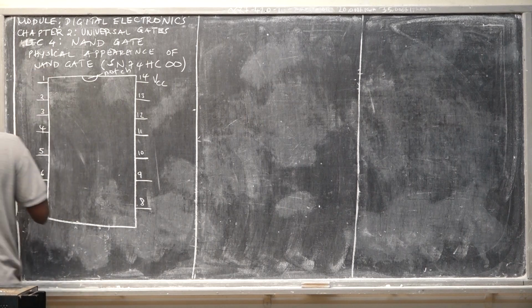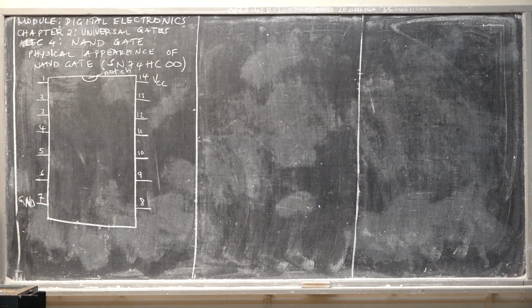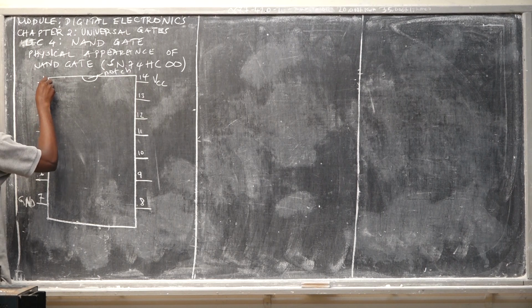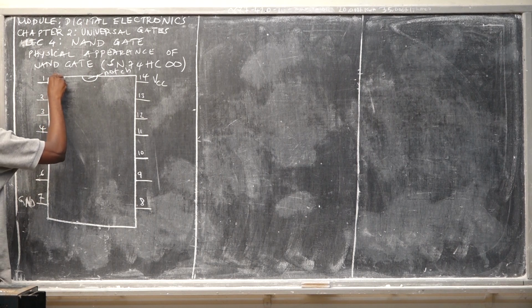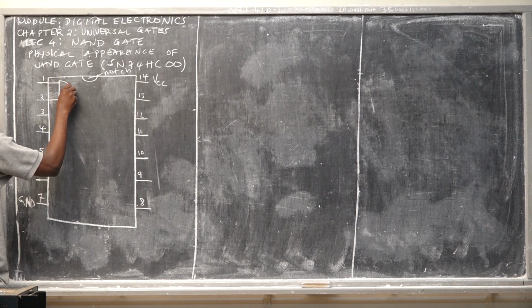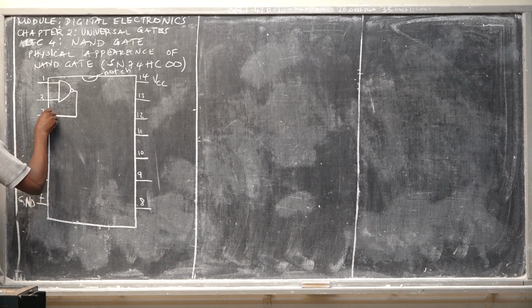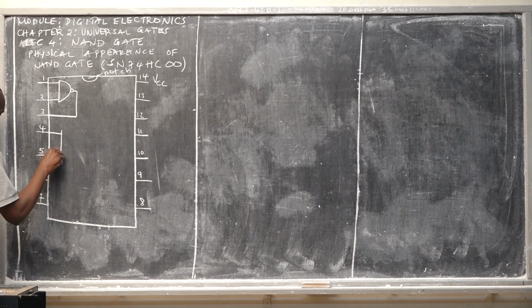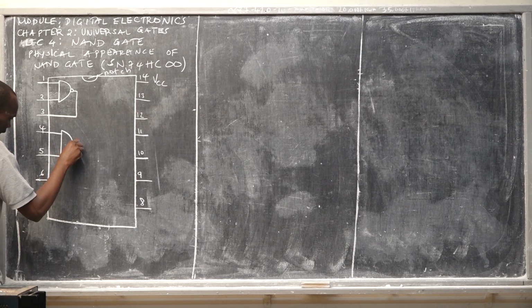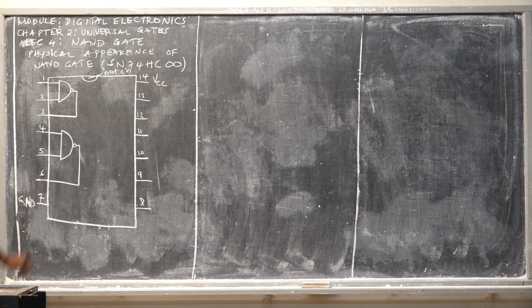According to the data sheet of the SN74HC00, pin number 1 and pin number 2 are the inputs of the first NAND gate, and pin number 3 is the output. Again, pin number 4 and pin number 5 are the inputs of the second NAND gate, and pin number 6 is the output.